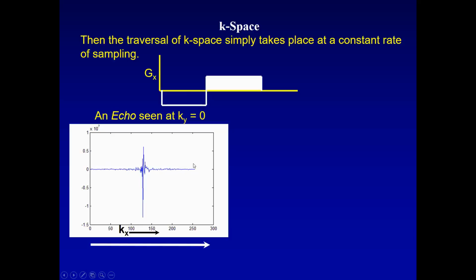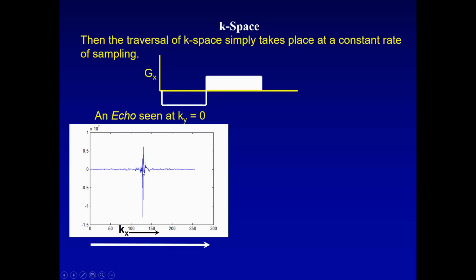Now, as far as the spins go, what's happening is we've applied a positive gradient, and it will gradually bring the spins back together again. So we drove them out of phase with a negative gradient, and now by applying an opposite gradient, they come back together again. At the moment where they come back together, perfectly aligned, you get an echo.